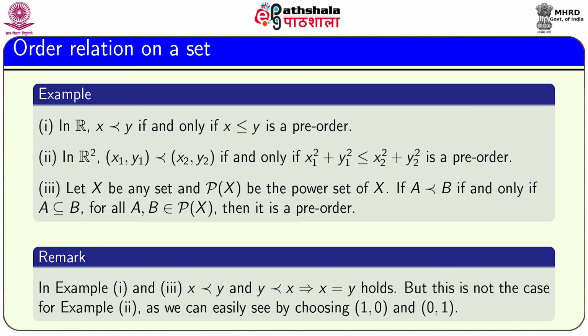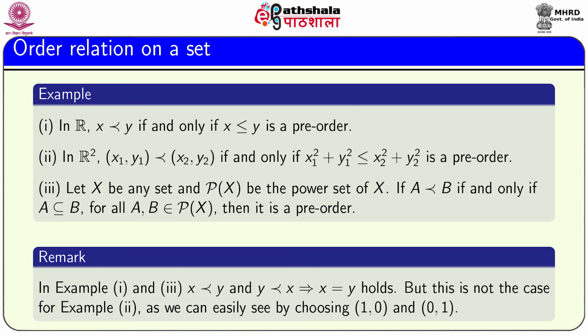If we observe examples 1 and 3, one very interesting thing happens: x ≲ y and y ≲ x both imply that x is equal to y. But in the second example, this is not the case.